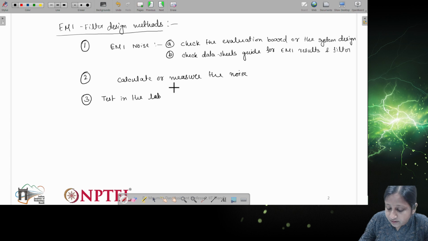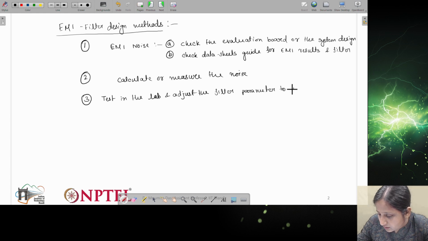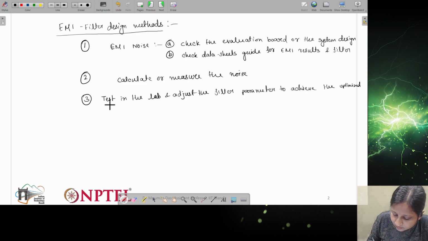If it is not suitable, then we have to adjust the filter parameters to achieve the optimized values.